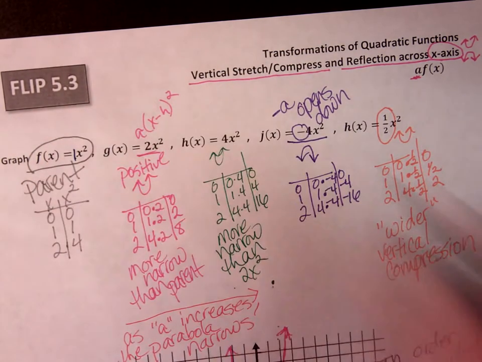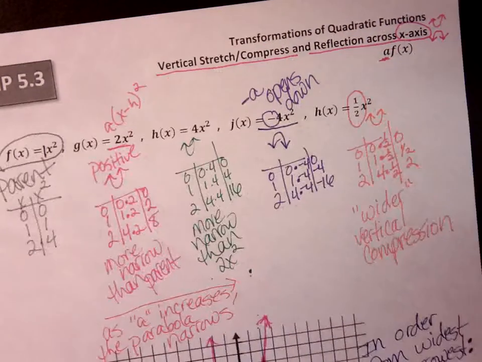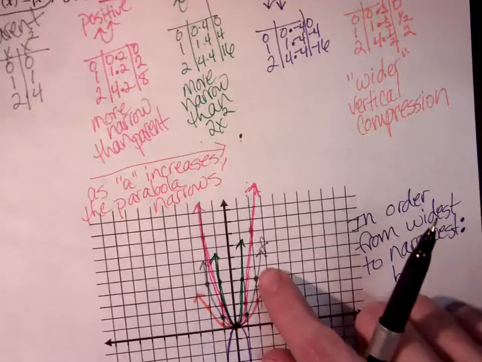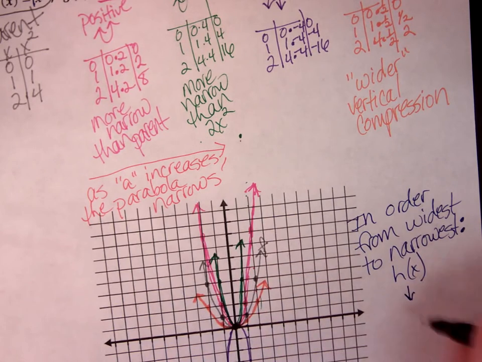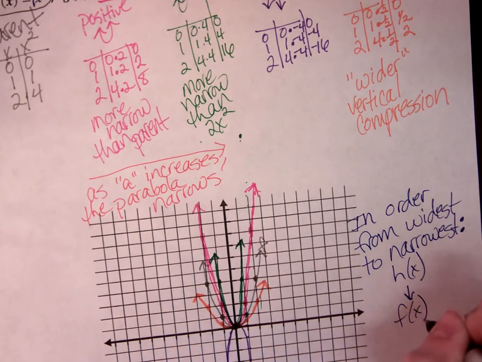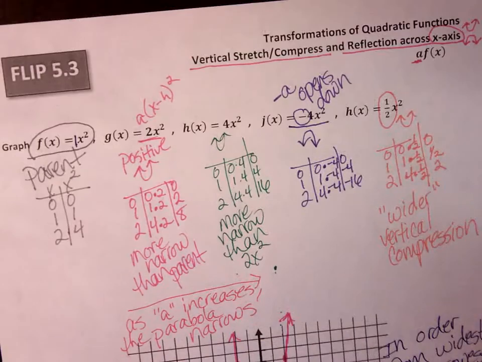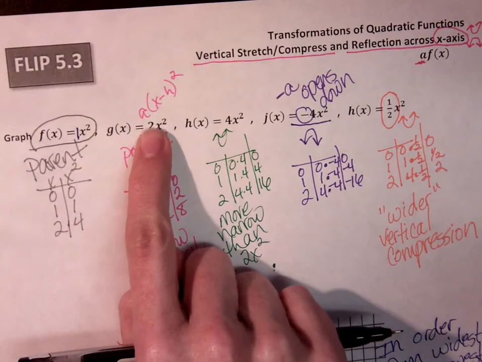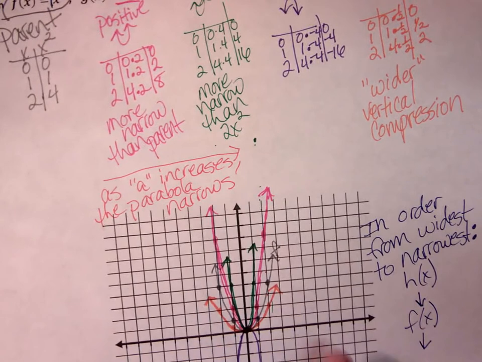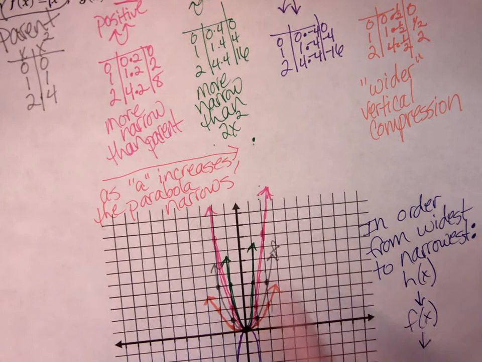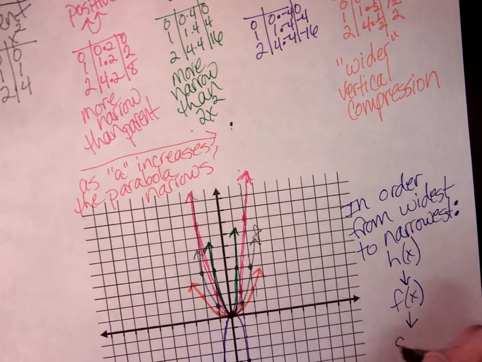And so if I'm putting them in order from least to greatest, the 1 is going to come next. That's the gray one, which is right in here. Then f of x. And then if I'm looking at the numbers, then 2 comes next in my graph. We're moving from outside in. There's our pink one, g of x.